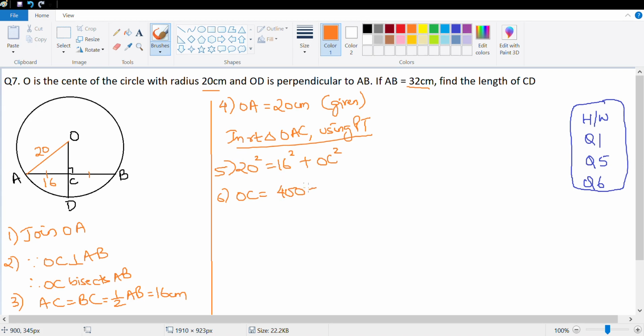If I take the 16 square, that's 256, to this side, 400 minus 256, that's 144. So this is 12 centimeter. So OC is equal to 12 centimeter.